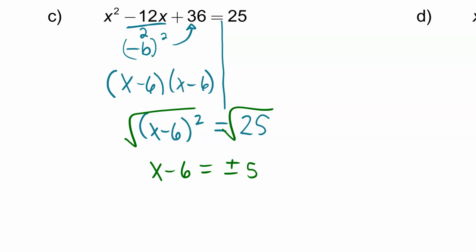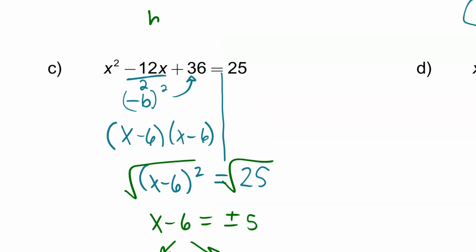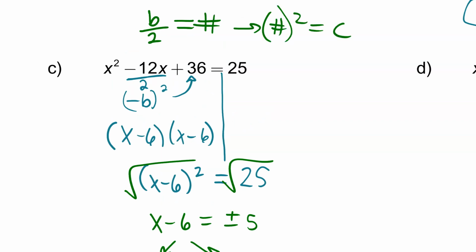Whatever this number is, if you square it, it should be your c. If not, then it's not a perfect square trinomial. It won't be a special case.